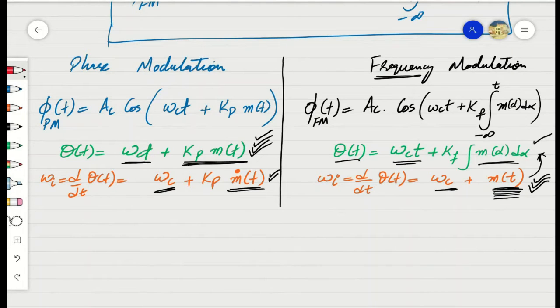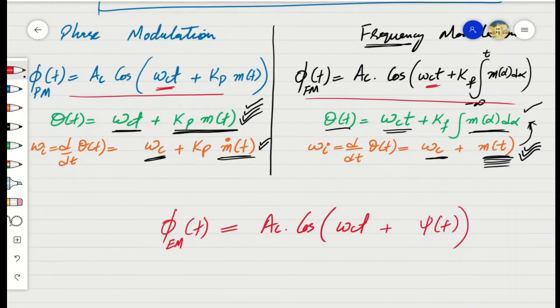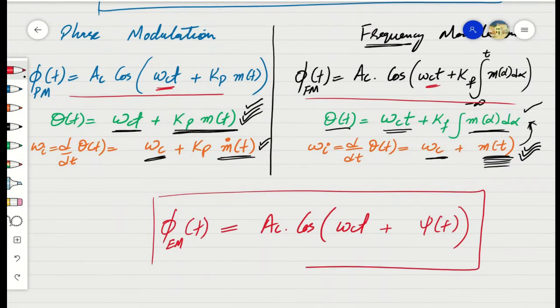By comparing these two equations, we can write a generalized time domain expression for the exponential modulation scheme in generalized form as the carrier plus some representation of the information signal being added into the running phase. This expression represents both phase and frequency modulation schemes.